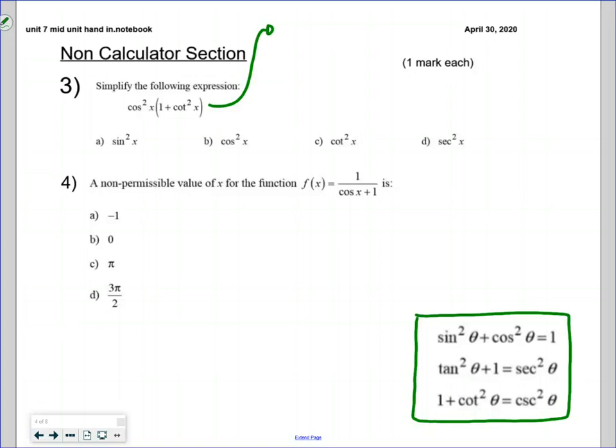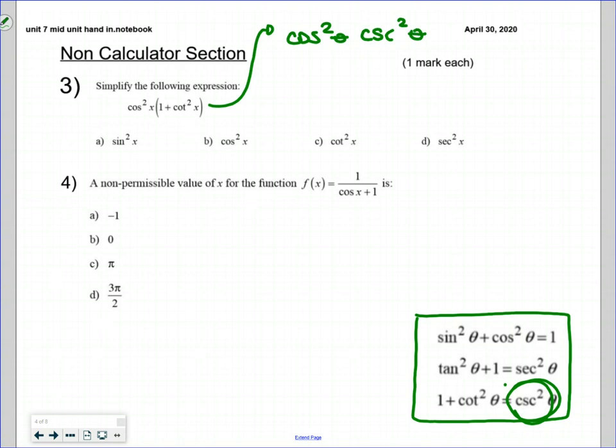Cotangent squared plus 1 can be simplified, if we look at the bottom, I'm circling this, as cosecant squared theta. So I could write that as cosine squared theta times cosecant squared theta.